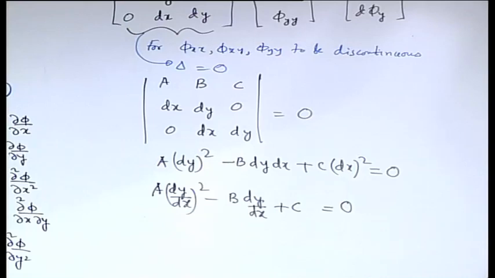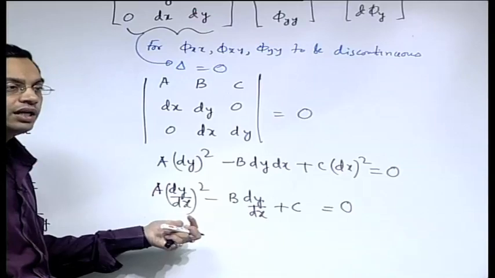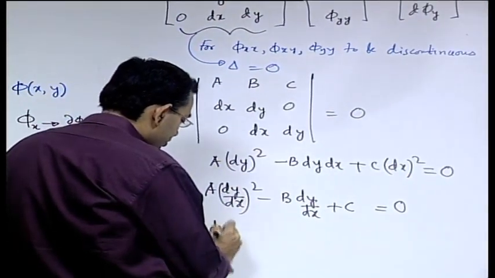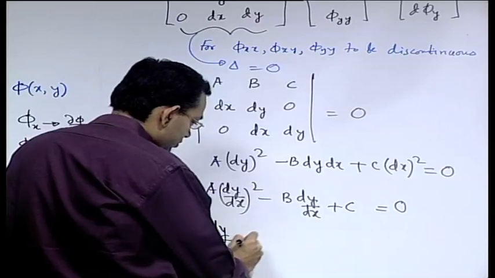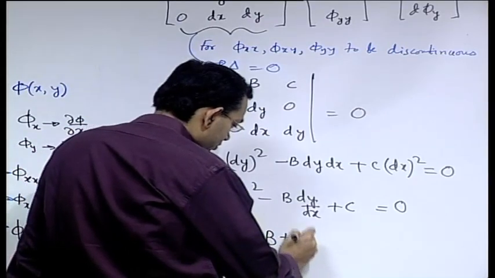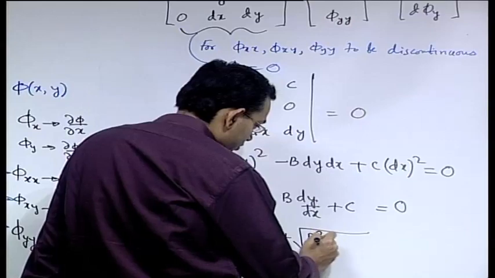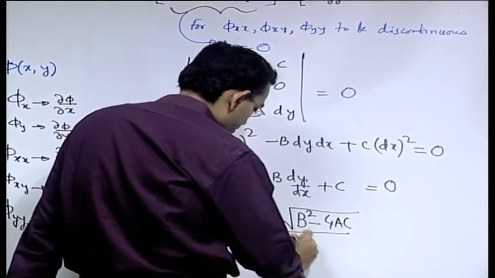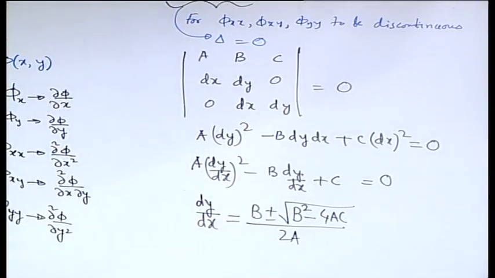we can organize the equation in the form of a quadratic equation in dy dx. So, from here you can get the solution. How many real characteristics of these will exist?